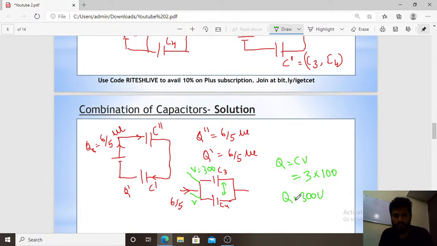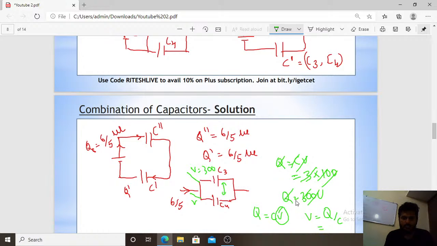Is it right or wrong? Yashasvi, 300 right or wrong? We had Q is equal to CV. We need to find V value, that is V is equal to Q by C. Q how much we had?